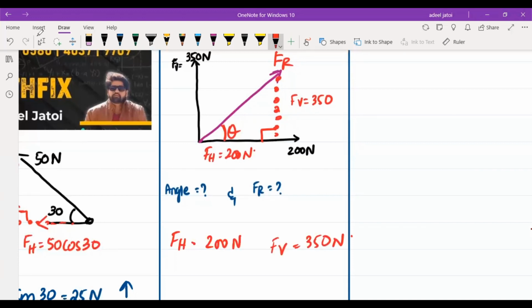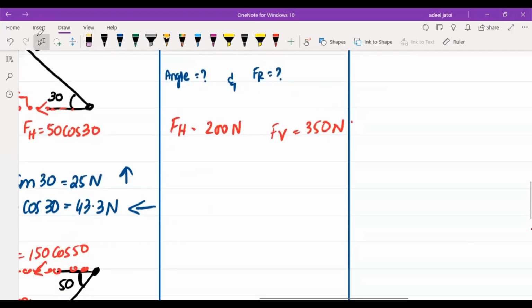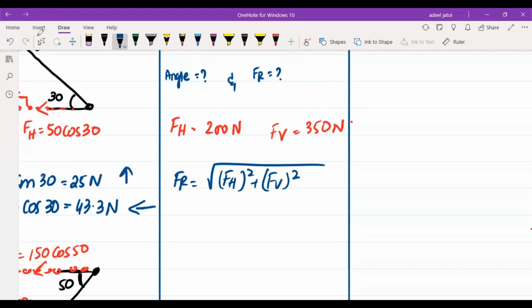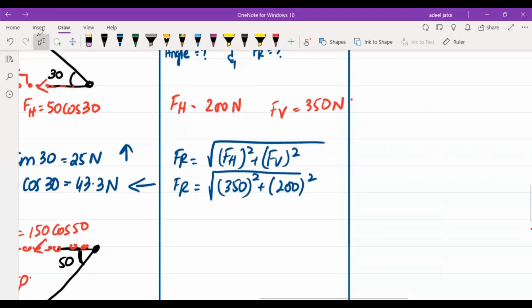If I need to calculate FR, that is force resultant, your force resultant will be under root FH whole square plus FV whole square, right? So this should be force resultant is under root 350 whole square plus 200 whole square.